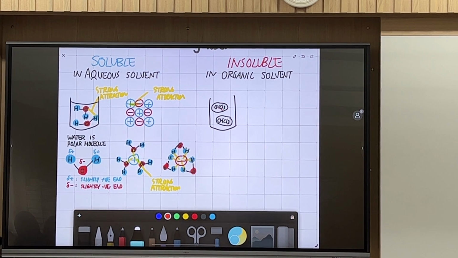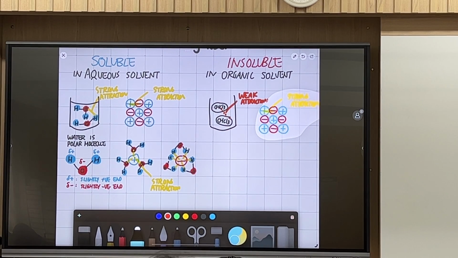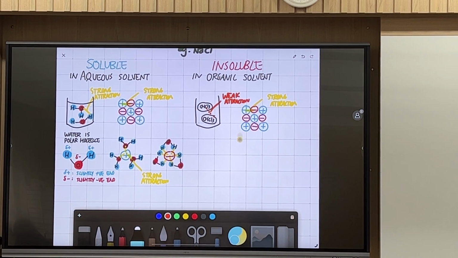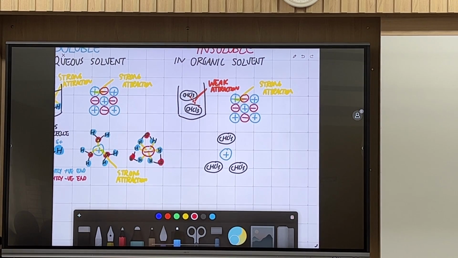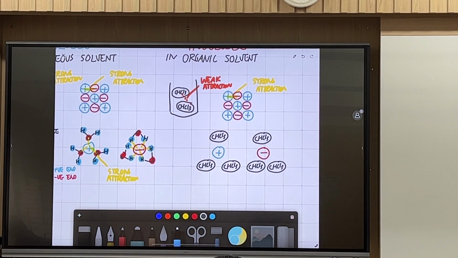These are weak attraction. And in an ionic compound, there is still strong attraction. So for the ionic compound to dissolve, the ions will have to form weak attraction with CHCl3, like this. I'll show you some math and then you will hopefully know what is going on next. So when these ions interact with CHCl3, they get back only weak attraction in return.